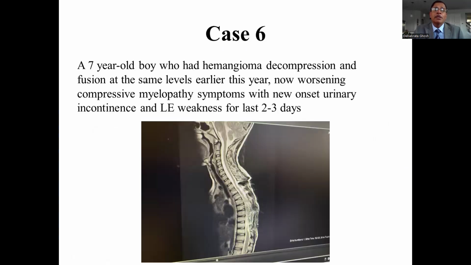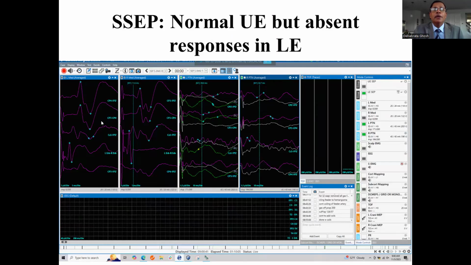One more case example, a 7-year-old boy who had hemangioma decompression and fusion earlier, now with new onset symptoms. And this shows the spinal hemangioma causing compressive myelopathy. And we saw median responses are terrific, but there was no PTN responses.